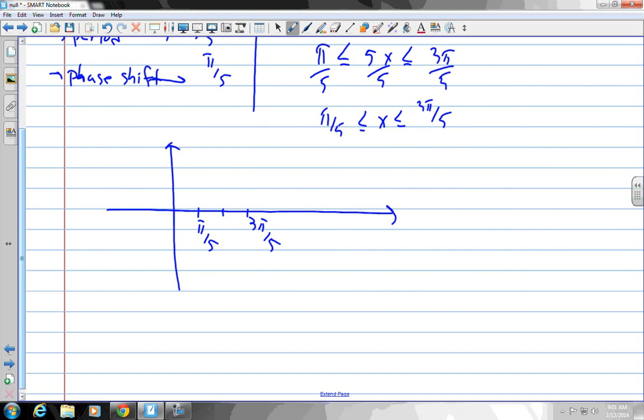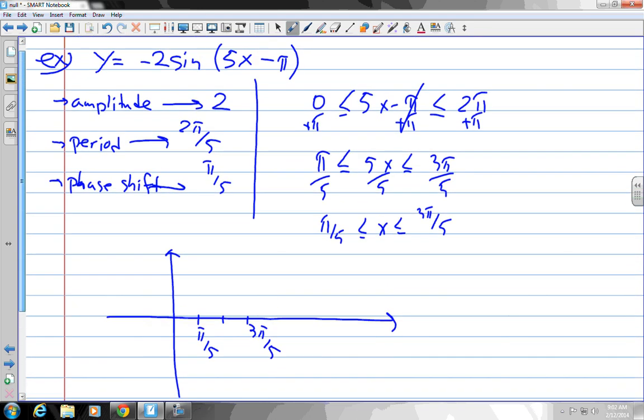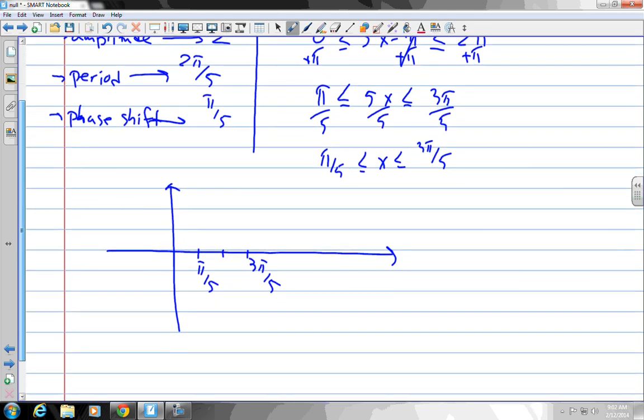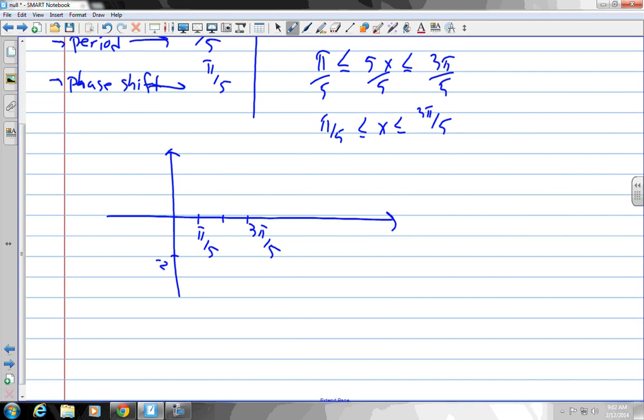So that means our function has an amplitude of 2 and a negative up front, so it will actually go down from here, and come back up, and come down. So that's that first period of sine. And then you just keep doing this, okay?